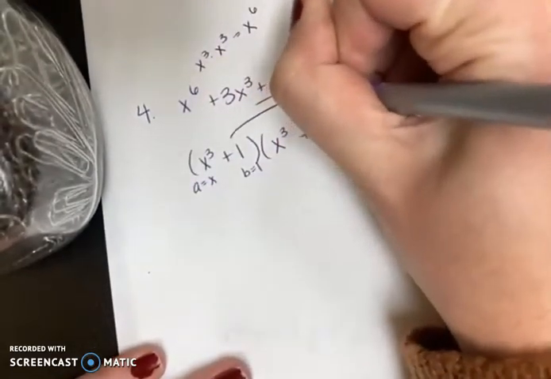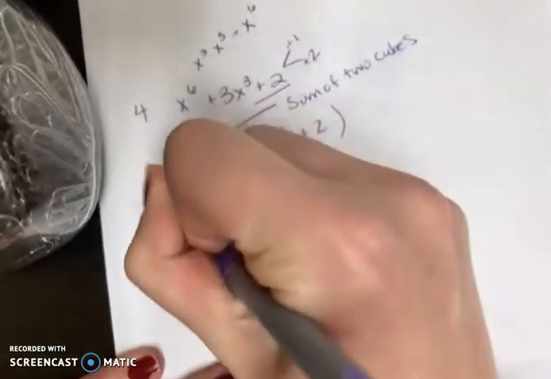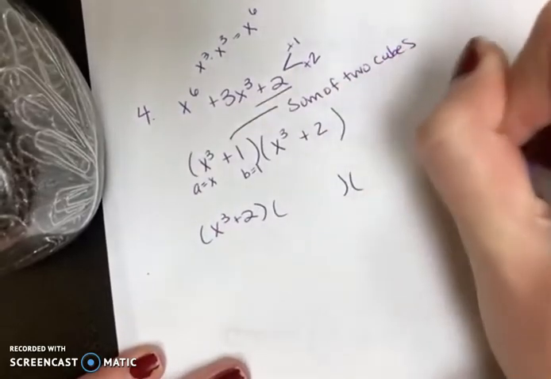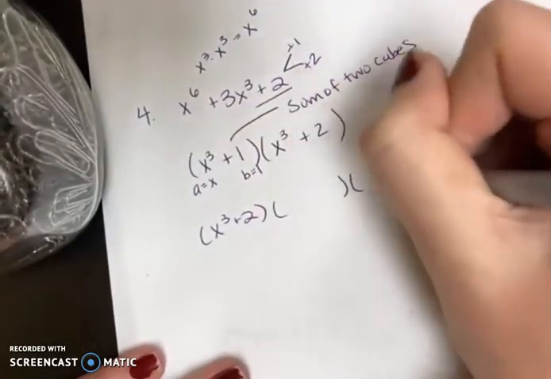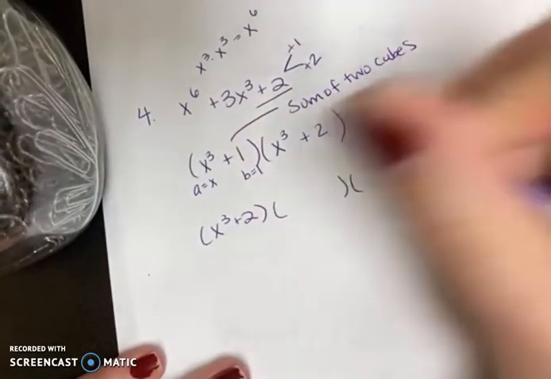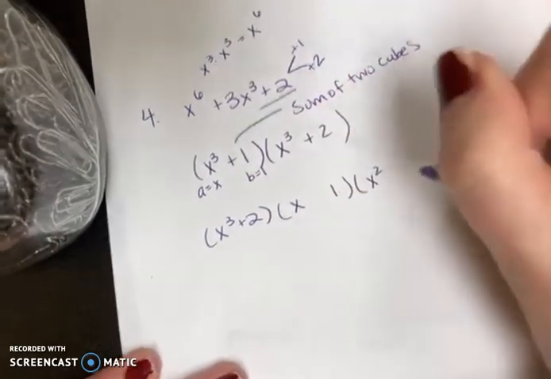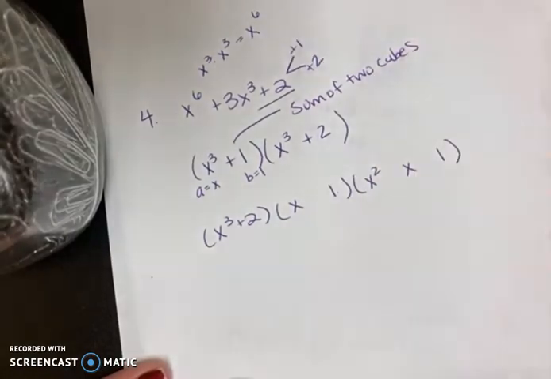Again, sum of 2 cubes. So my final answer, I'm just going to leave that x cubed plus 2 alone and then set up my x cubed plus 1. I have a squared, b squared. So x, 1, x squared. X times 1 is just x, and then 1 squared is 1.